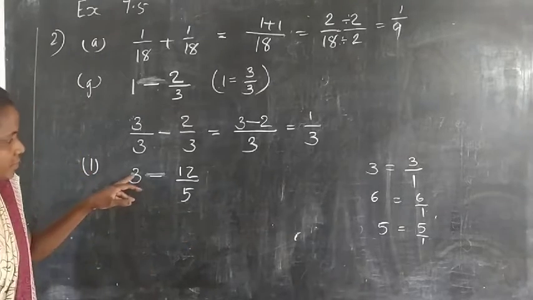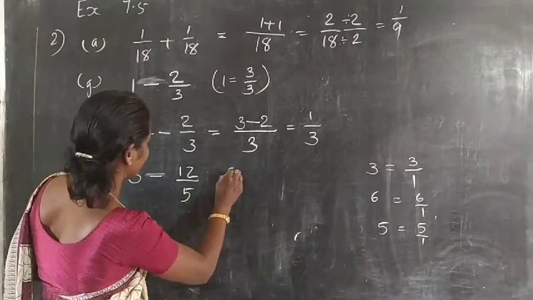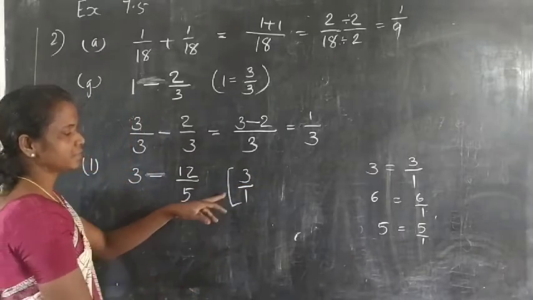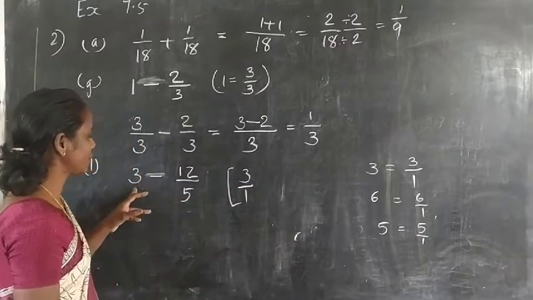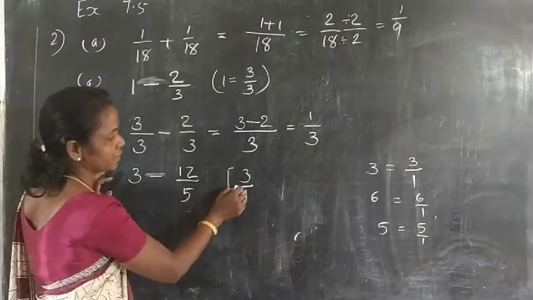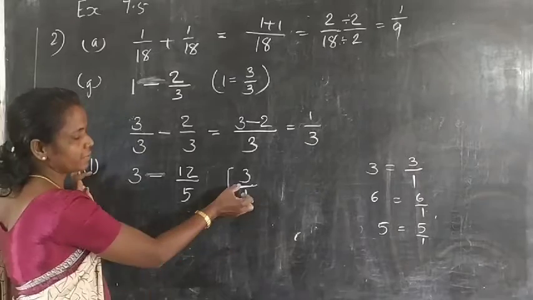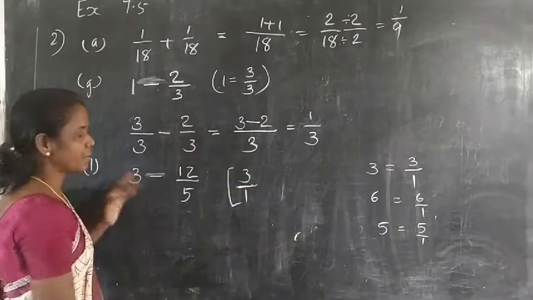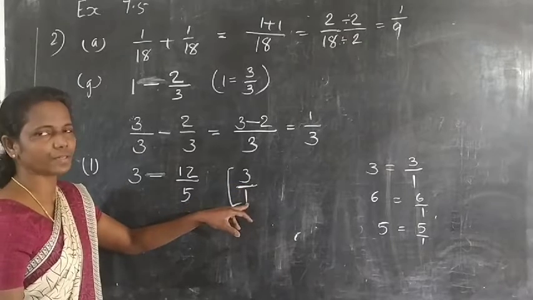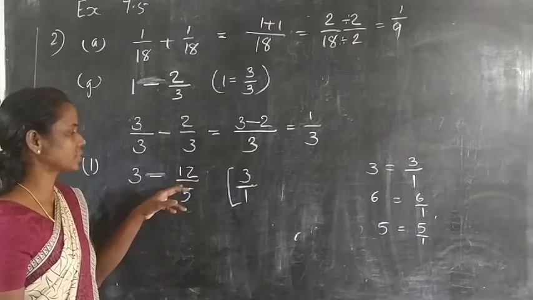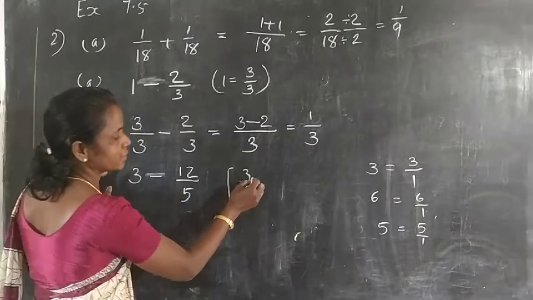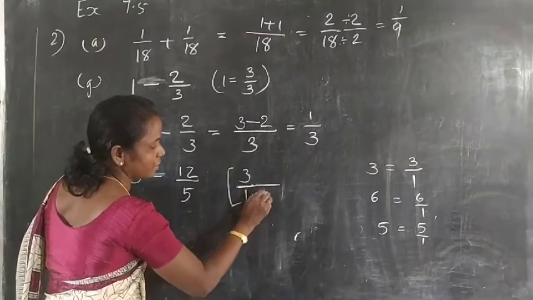Then here is 3 by 1. This is which type of fraction? Look, 3 by 1 is the simplest form. This 3 by 1 we can convert into like fractions. Multiply by which number? Multiply by 5.